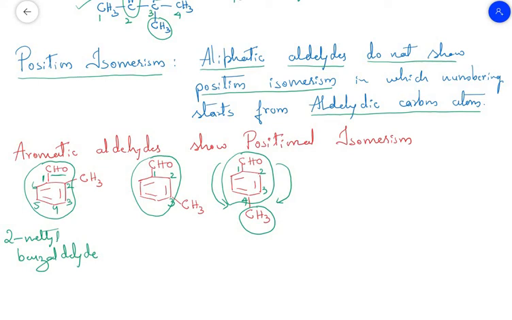So there is no change with respect to the position in this example, which is called 4-methyl benzaldehyde. And the middle example is called 3-methyl benzaldehyde.